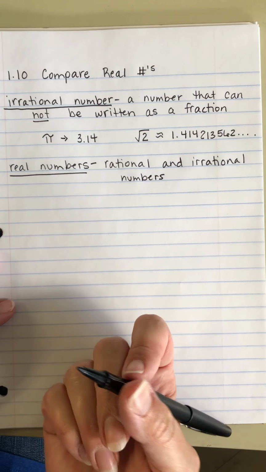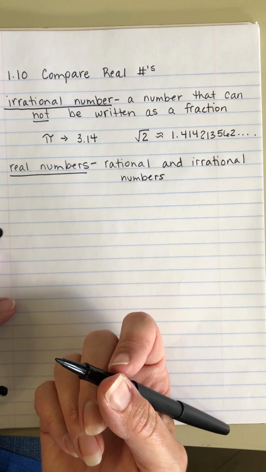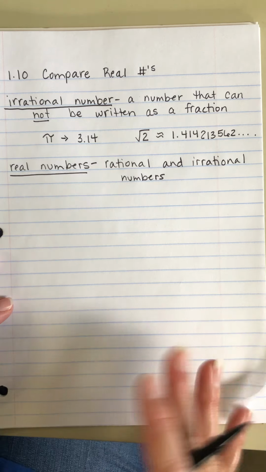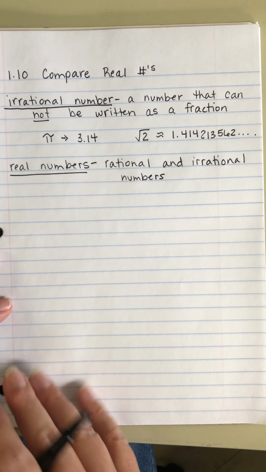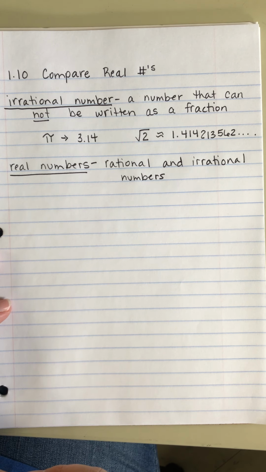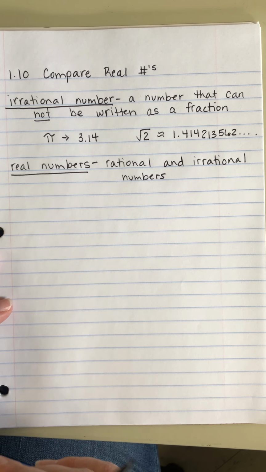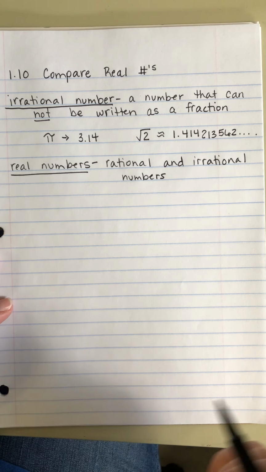So you're probably thinking, what's not a real number? Well, you'll learn about that later in life, not in 8th grade math. All right, so we are going to name the set of which some of these belong to. There is a graphic organizer on page 90 in your textbook that will help you identify what these are.